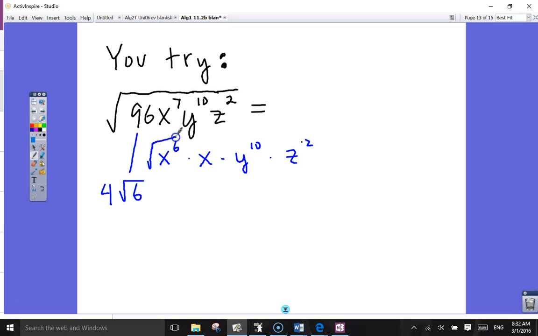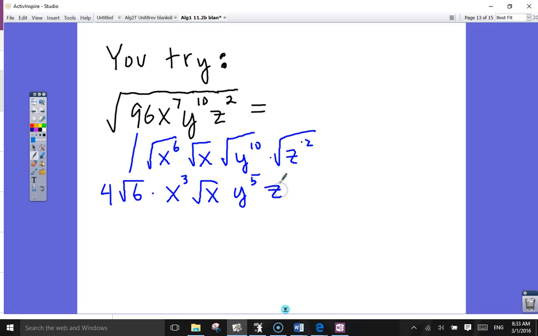So we're going to take the square root of all of these things, right? What is the square root of x to the 6th? X to the 3rd. And the square root of x? Leave it. The square root of y to the 10th? Y to the 5th. And the square root of z squared?